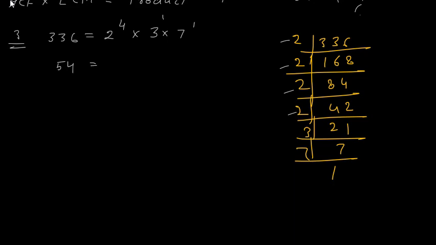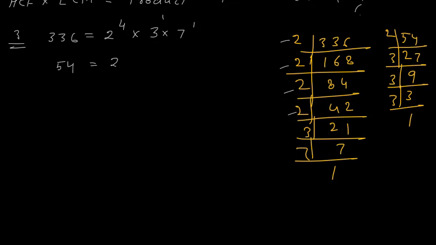Okay, and this 54: dividing by 2, then 27, 9, 3, 1. So I can say that this 54 is 2 power 1 into 3 power 3.